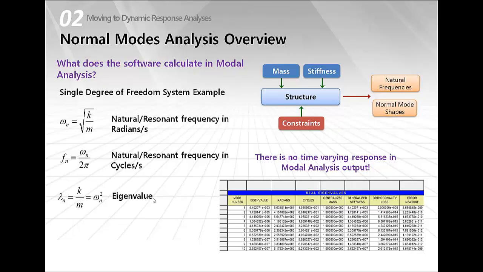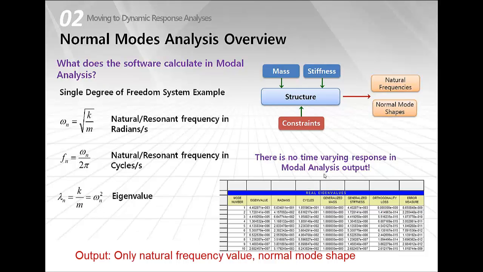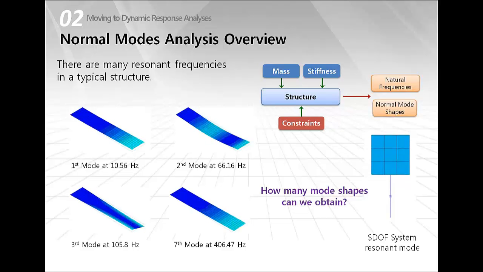All of this data can be collected in a table for easy investigation. You have to remember that there is no time varying response in modal analysis output. So once again, only natural frequency values or shapes can be studied. On the next slide, we see example mode shapes.